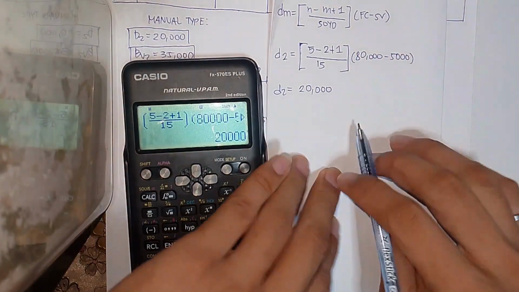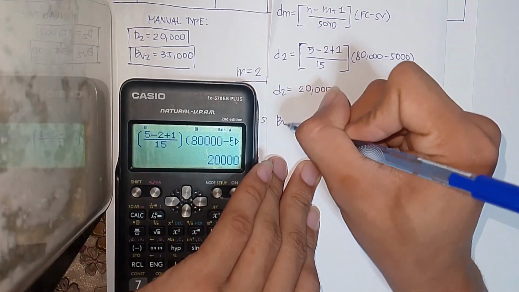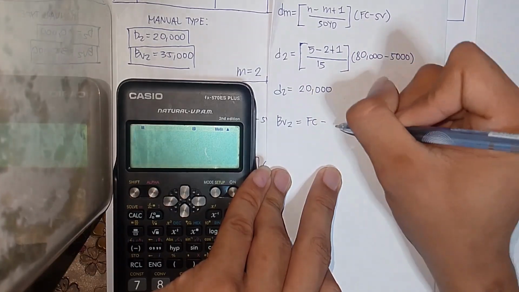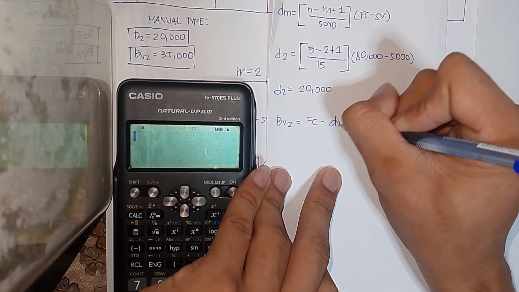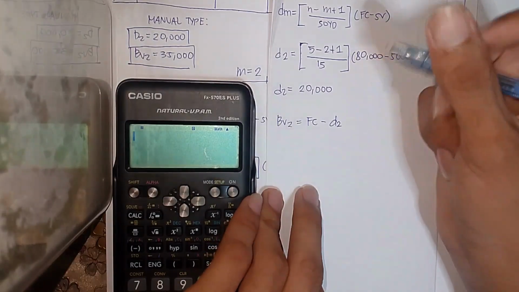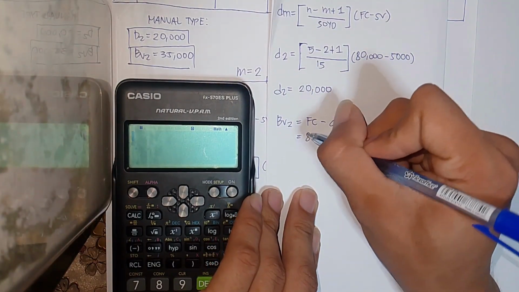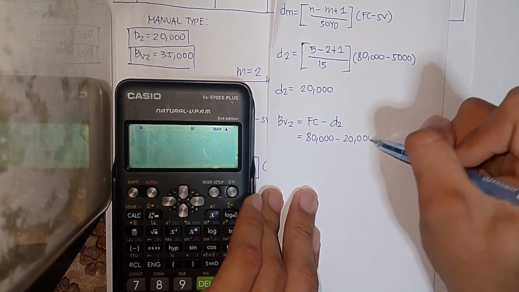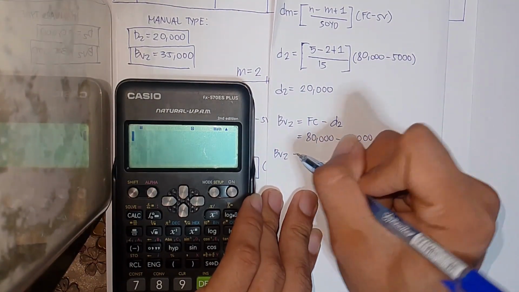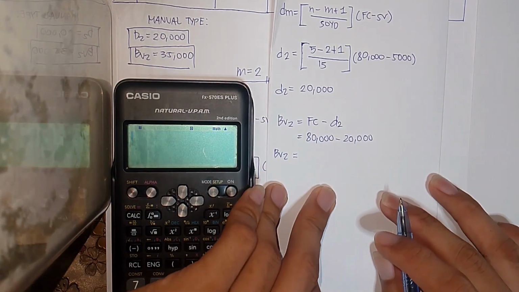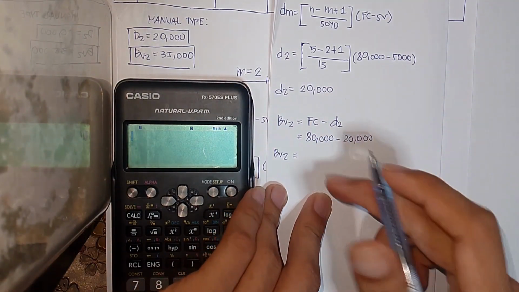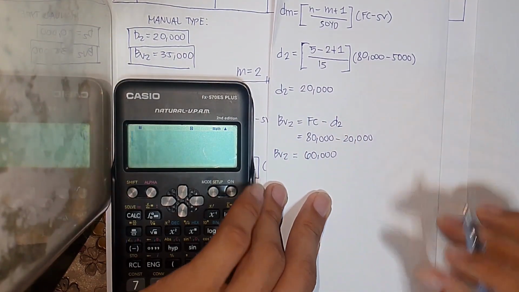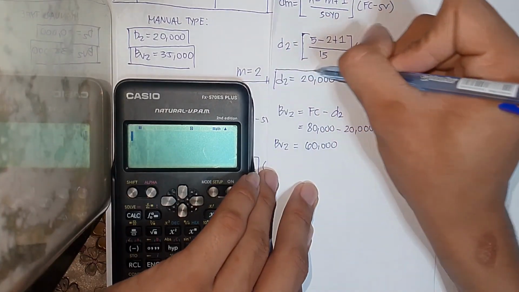To get the book value, we need to subtract from the first cost our computed D2. First cost is 80,000 minus D2, which is 20,000, which is 80,000 minus 20,000 is equal to 60,000. So this is our answer.